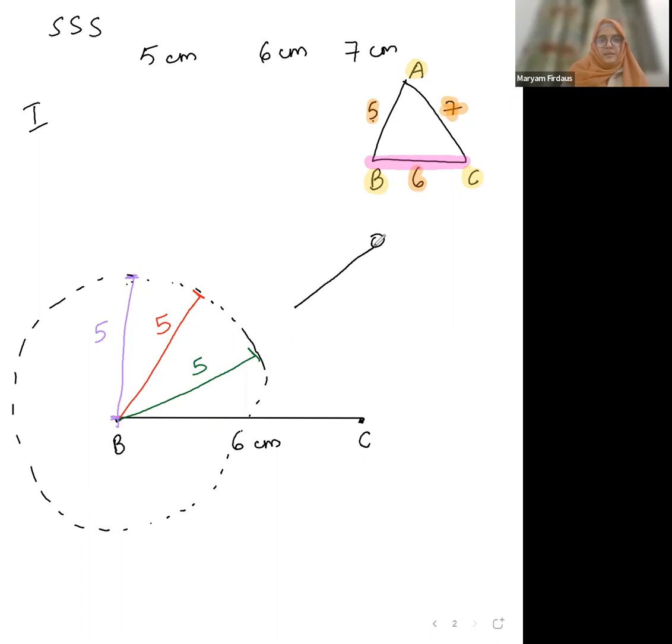This is the needle part of it, and this is the pencil part of it. The distance between the needle and the pencil should be 5 centimeters. That means you are drawing an arc of radius 5 centimeters. You know what an arc is, right? It is a part of the circle.